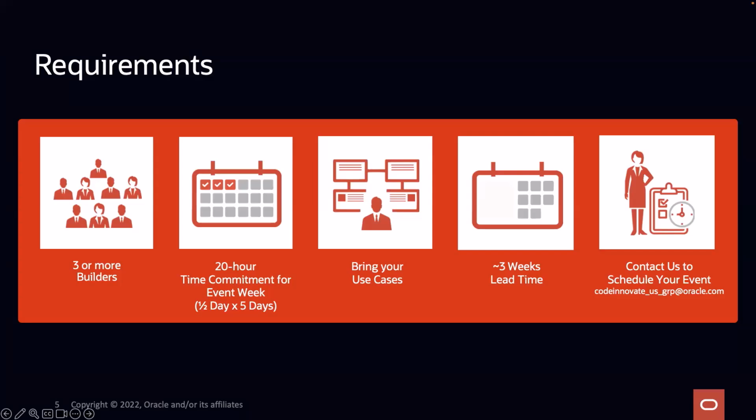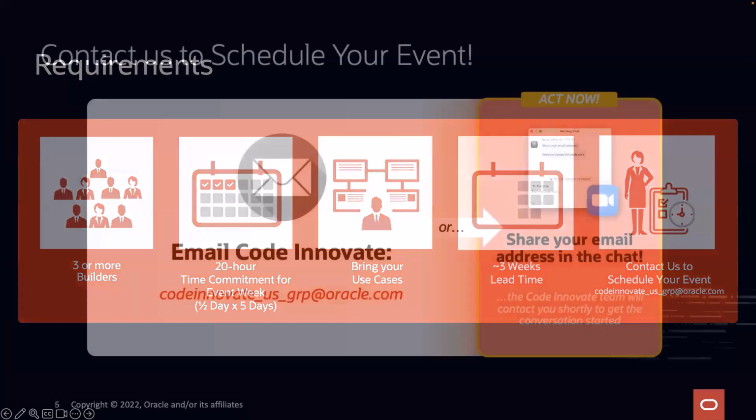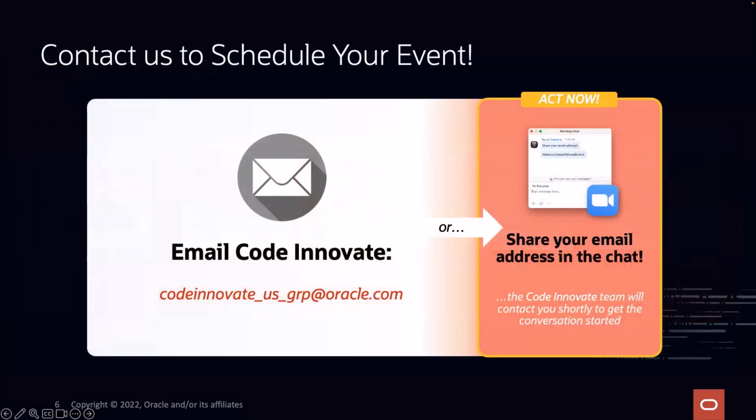And that's what I have for today. So like I said, I just appreciate you guys coming on and learning about the Offline Persistence Toolkit. And any other questions that you guys may have, just shoot them our way. If you're interested now in a Code Innovate, I'm going to put this email address on the screen that you guys can reach us at.